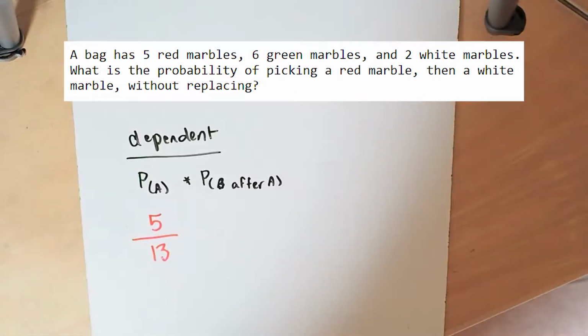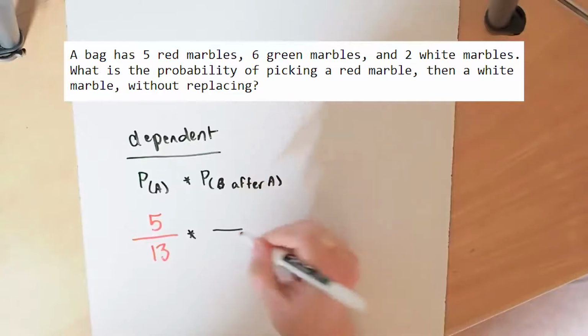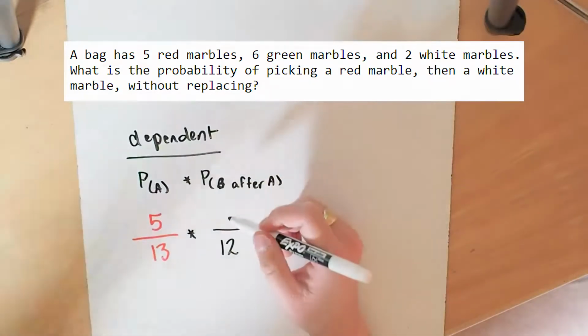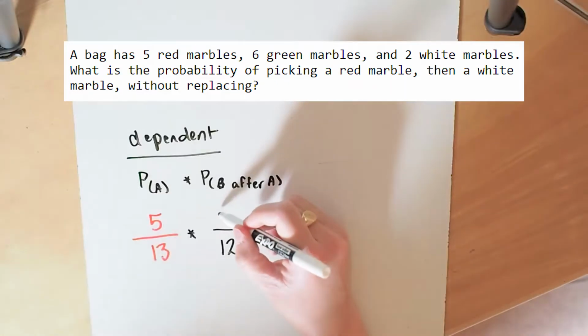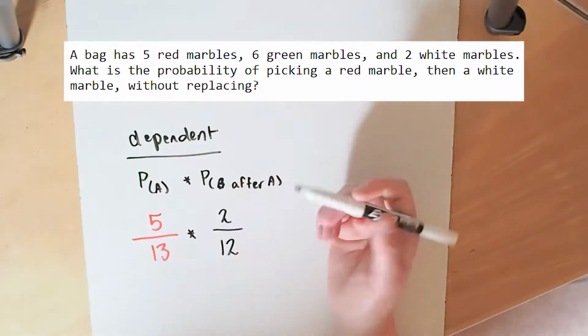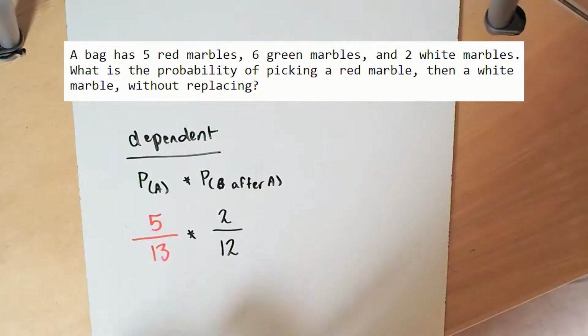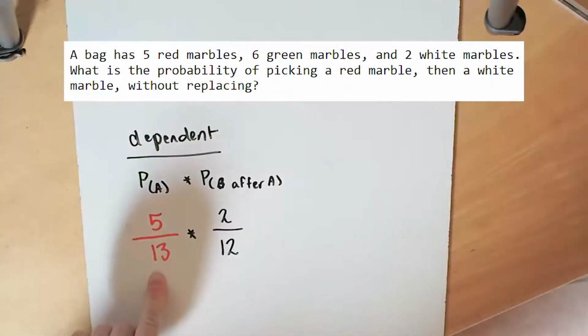If we've already taken out 1 red marble from the bag, well, now how many total marbles are there? There's only 12. And there's 2 white marbles still, because we're assuming we didn't pick white the first time. There's still 2 favorable outcomes. So we say 2 over 12 total, because we've taken 1 marble away after this event happened.